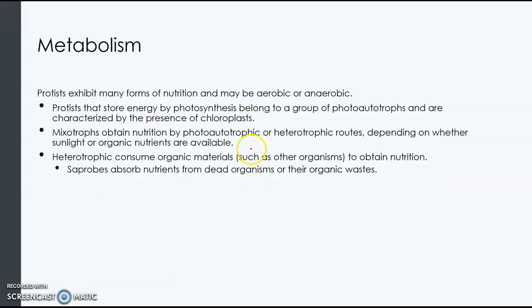All right, as far as the metabolism, protists exhibit many forms of nutrition. They're not going to be quite as diverse with their nutrition as the bacteria, but they can be aerobic. They can also be anaerobic, meaning that if they're aerobic, they need oxygen to live, and if they're anaerobic, they do not need oxygen to live.